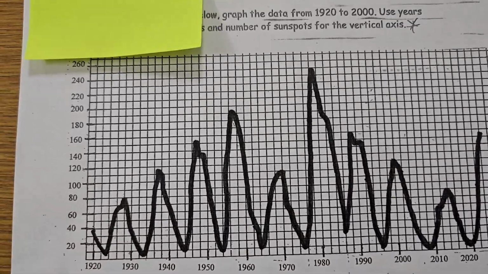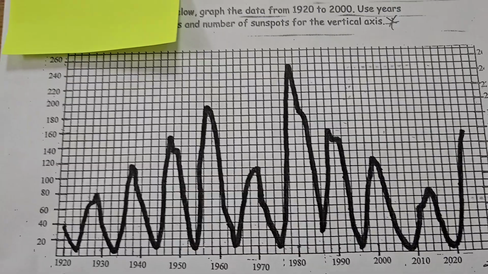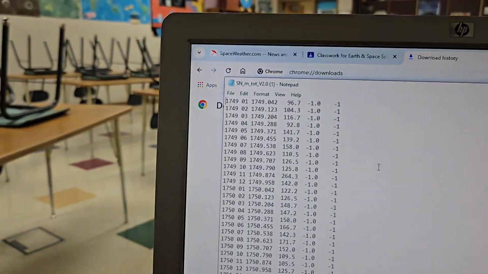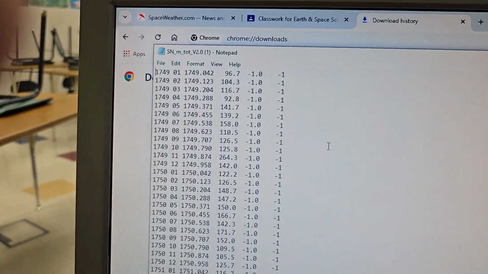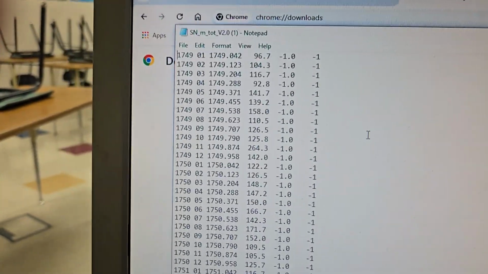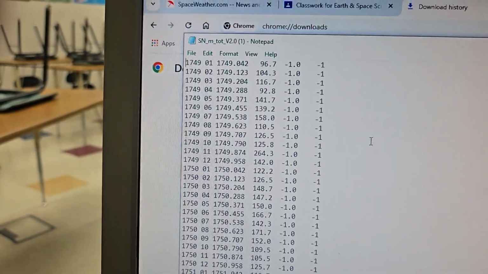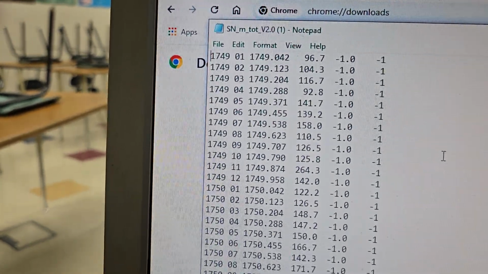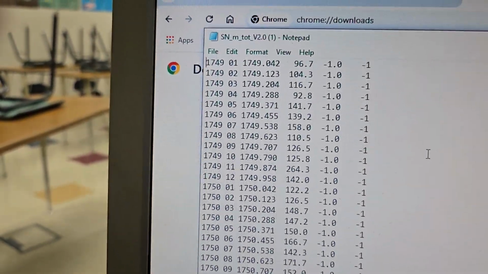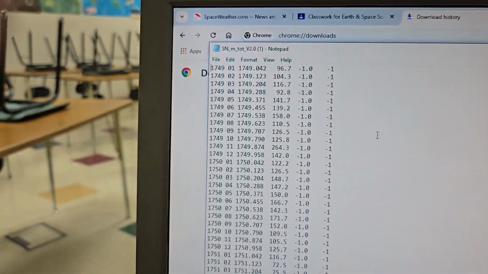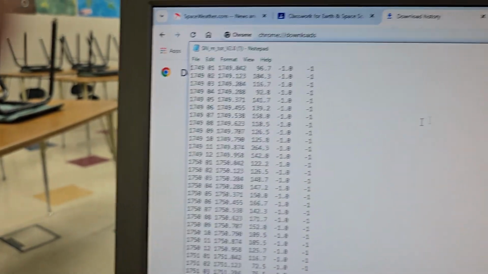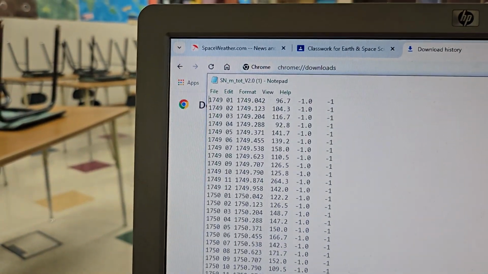Let me show you a nightmare. Okay? This is monthly numbers. We have monthly numbers from January 1749, every month, up through December 2024. Okay, I'm just going to scroll.